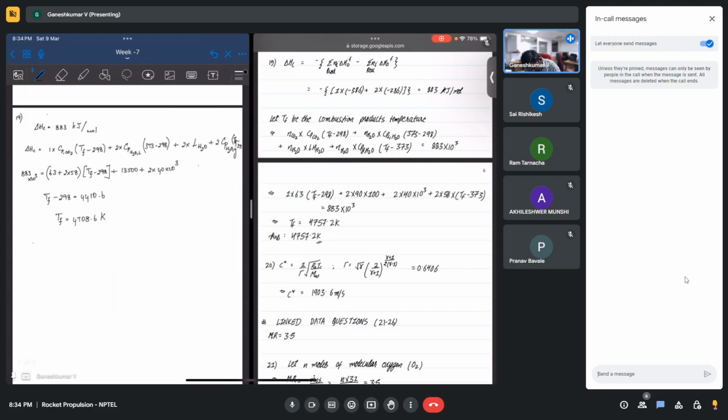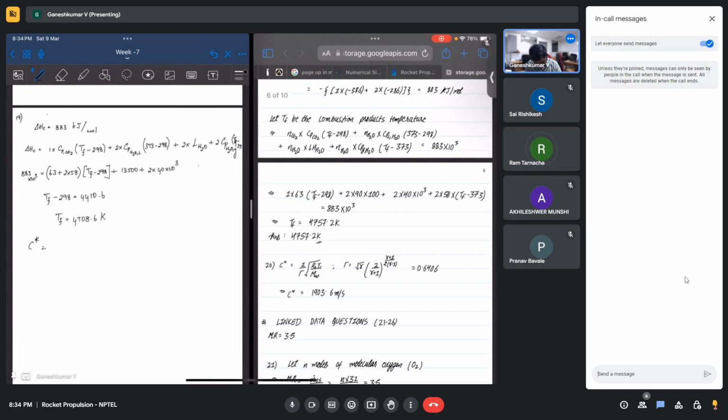And if that is the case, C star should be around, but I will also check once again. Sure. If that is the case, C star should be around square root of 8314.5 times 4708.6 divided by the molecular weight.